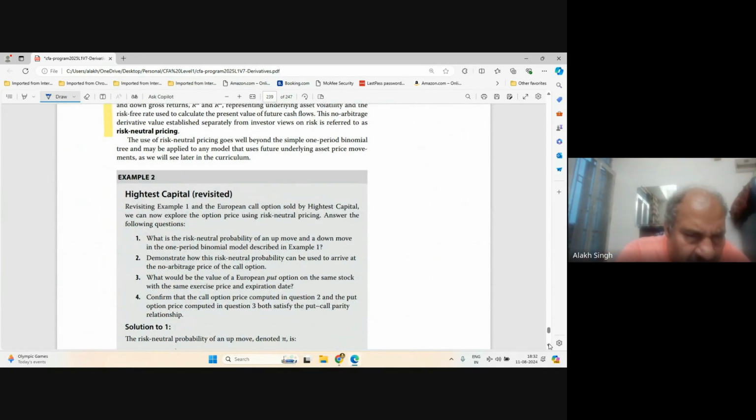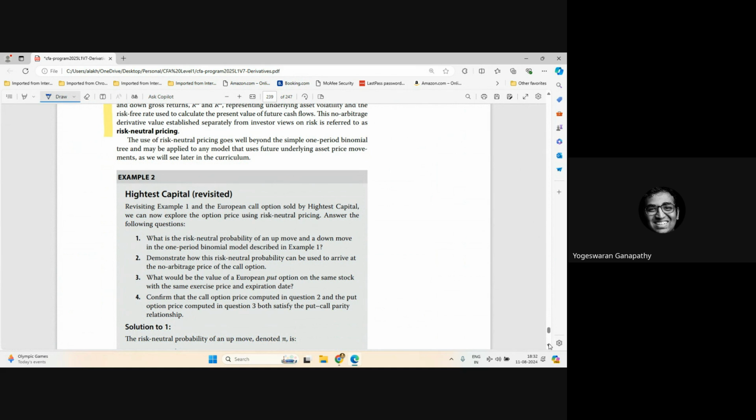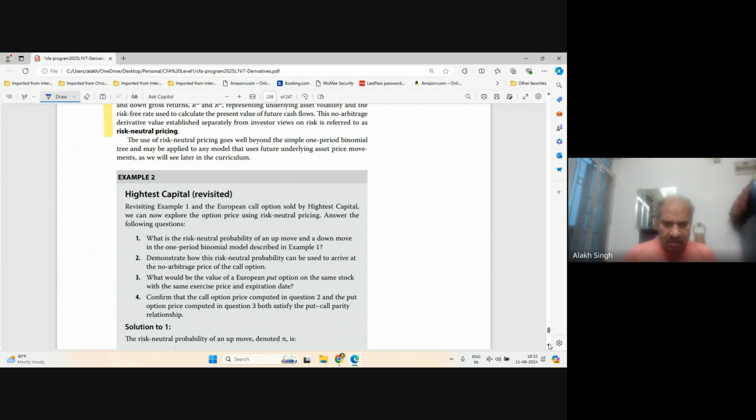Okay, read question 1, High Test Capital. Revisiting example 1, we can now explore the option price using risk neutral pricing. Answer the following questions. What is the risk neutral probability of an up and down move in the one period described in example 1? Okay, so let's calculate pi. What was the formula of pi, the risk neutral probability?